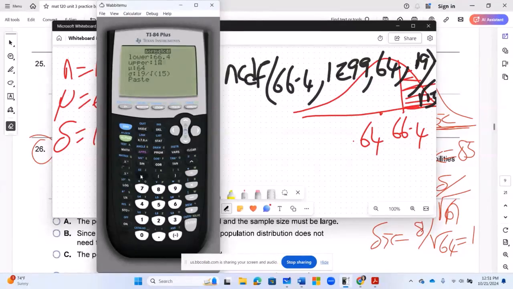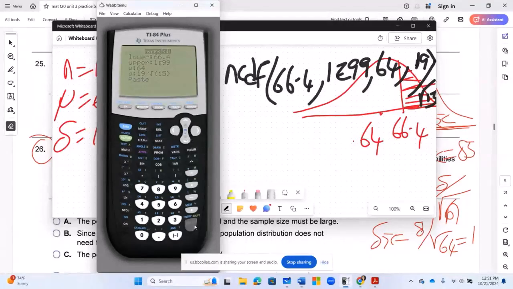E is above the comma, don't forget. 1e to the power 99. The mean of the sampling distribution is 64, and the standard error is 19 divided by square root of 15. So now I'm going to calculate area to the right.